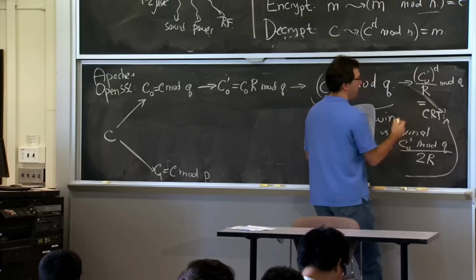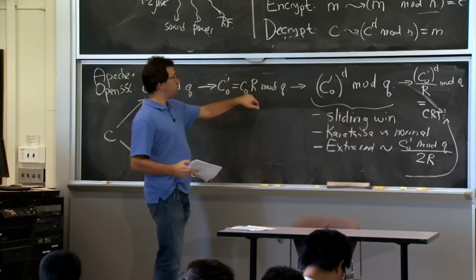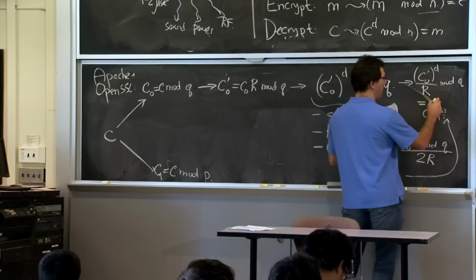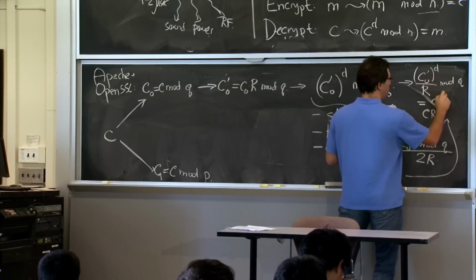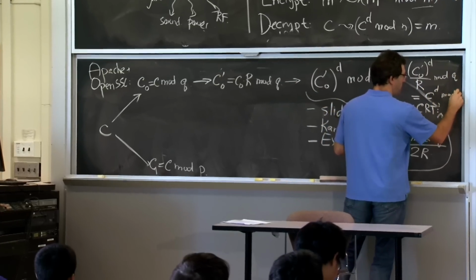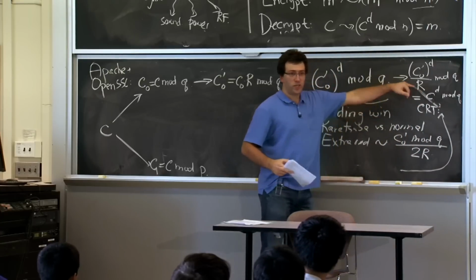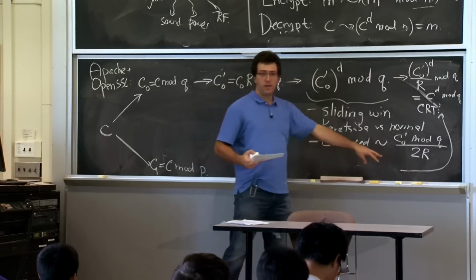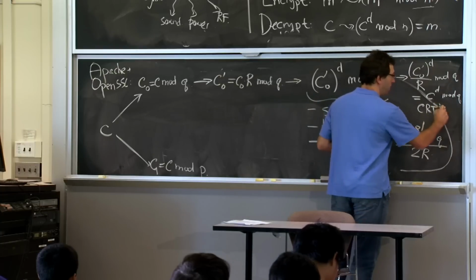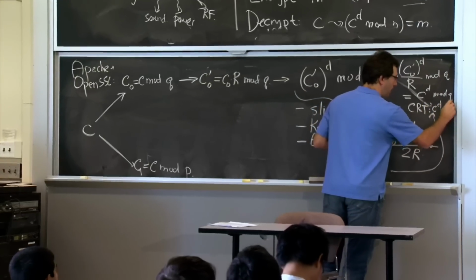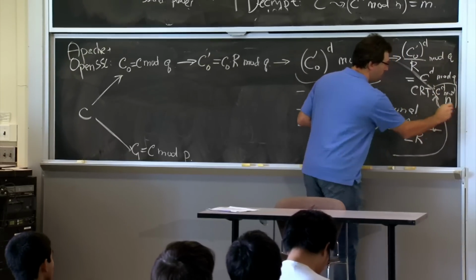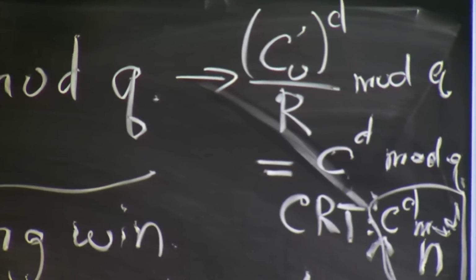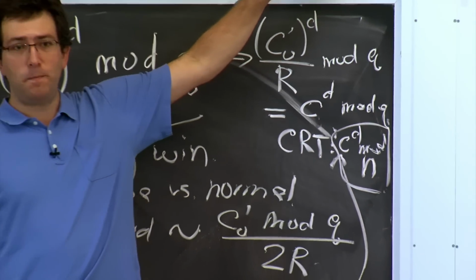Because C0 prime was C0 times r mod q, if we do this, then we're going to get back out our value of c to the d mod q. We're going to get c to the d mod p on the bottom version of this pipeline. And we can use CRT to get the value of c to the d mod n. Sorry for the small font size, but roughly it's the same thing we're expecting here. We can finally get our result, and we get our message m.